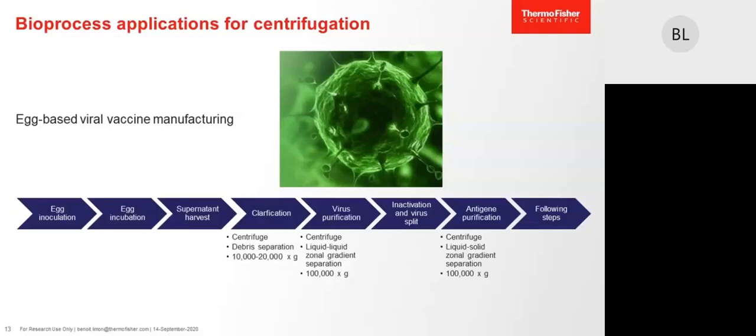Then usually followed by the inactivation and the virus split phase, and then one more ultracentrifugation, 100,000 G-force, is used to isolate a specific part of the virus, making this liquid solid separation and usually harvesting the antigen in the supernatant, followed by the final formulation and packing.